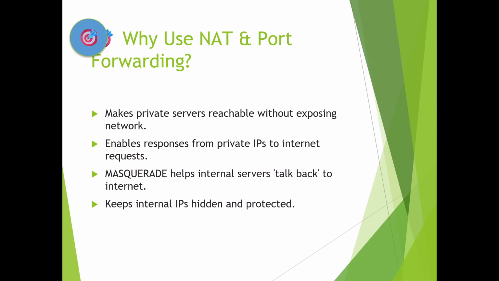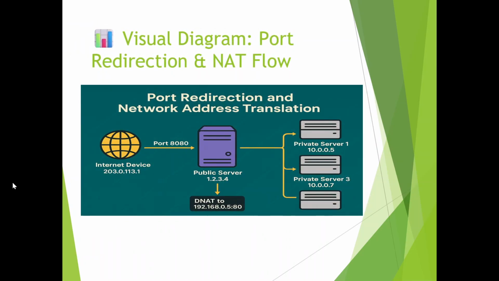Now we'll see a real world example with a simple visual. So consider this diagram. We have an internet user. After that we have a public server and a private server, and all of them have IP addresses. In step one, the internet user sends traffic to 1.2.3.4 on port 80, which is the public server.